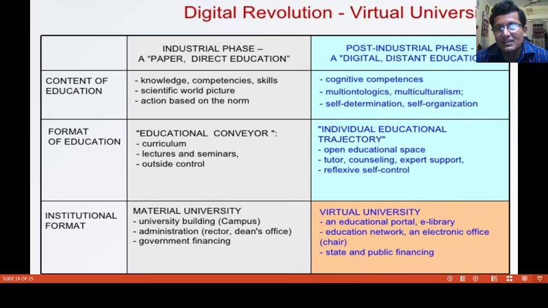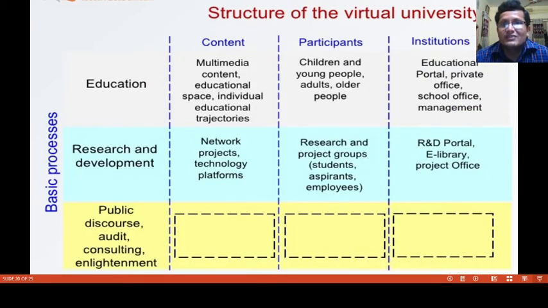Our Barcelona University: an educational portal, e-library, education network, and electronic office, state and public financing. Structure of the Barcelona University, basic processes: education, research and development, public discourse, audit, consulting, enlightenment. Content, participants, institutions. That is the figure or construction of the Barcelona University.